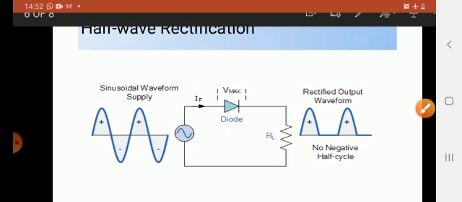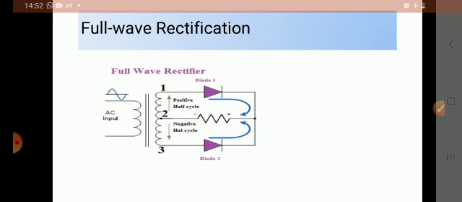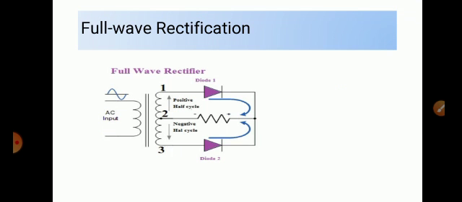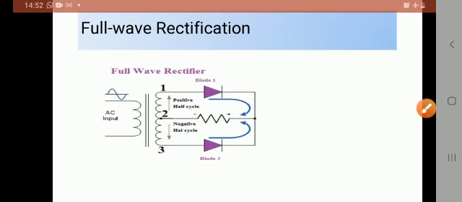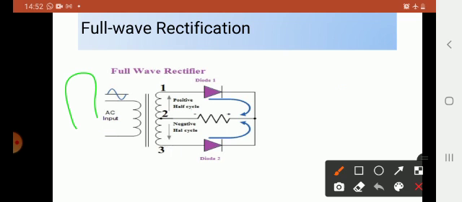We can do full wave rectification as well. If we install two diodes in such a position that the current flow is in the opposite direction, then it becomes full wave rectification. In this one, when the positive cycle is coming, the current is flowing in this way.